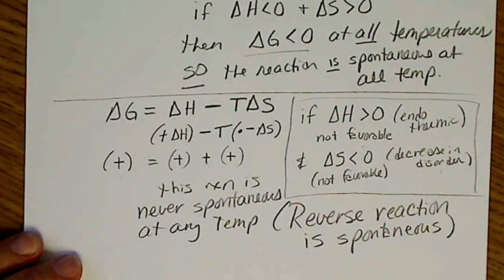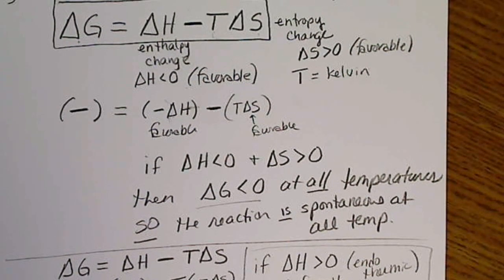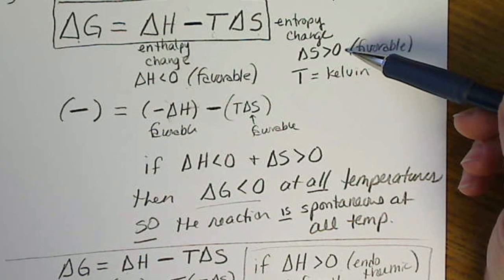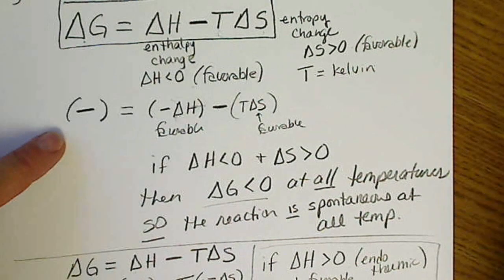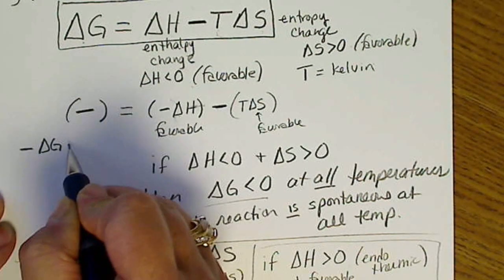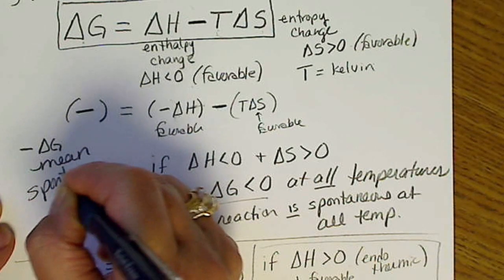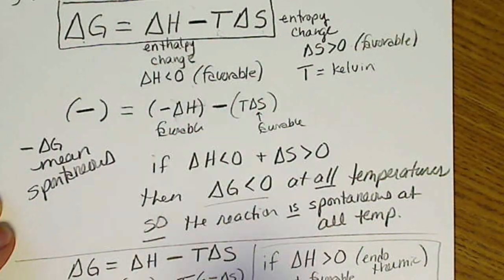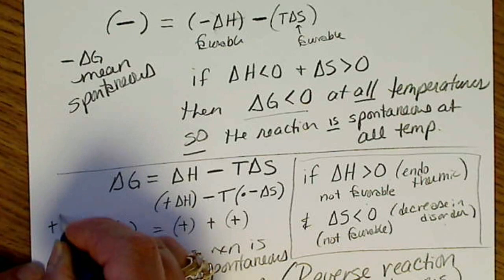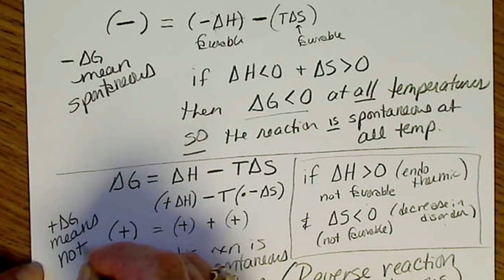Okay. So these are kind of like the two extremes. So a favorable energy change and a favorable disorder change, then that reaction is definitely going to proceed and be spontaneous. So a negative delta G means spontaneous, and a positive delta G means not spontaneous.